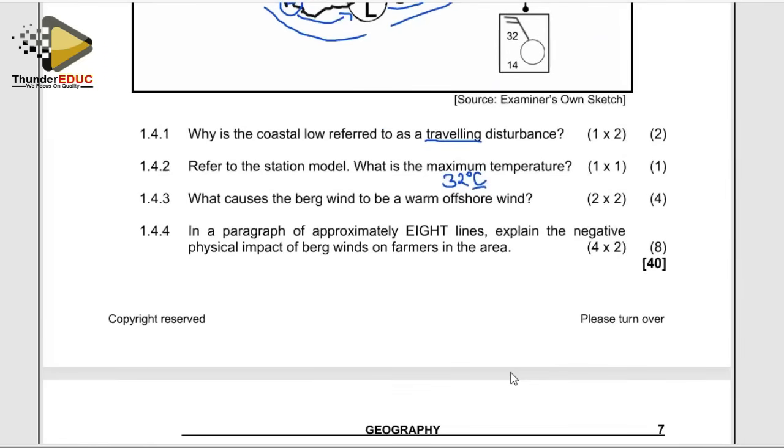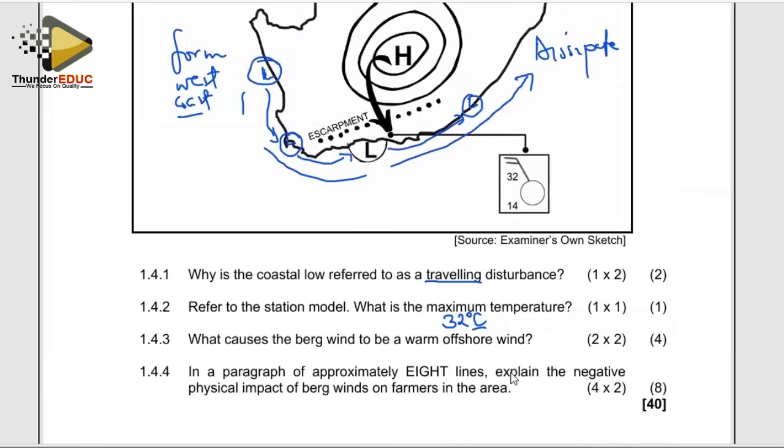What causes the Berg wind to be a warm offshore wind? We understand that the Berg winds are hot and dry winds. Why do they become warm offshore winds? Right, the first thing that you must note here, they move from the interior to the coast because of pressure gradient.